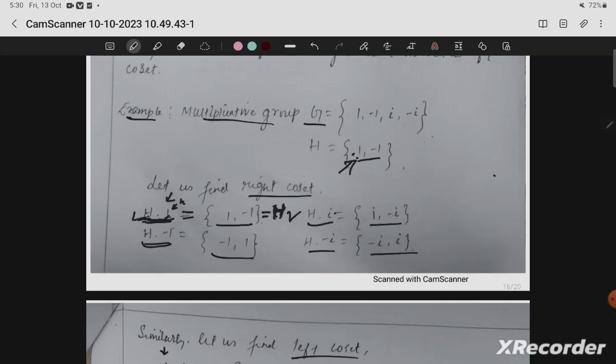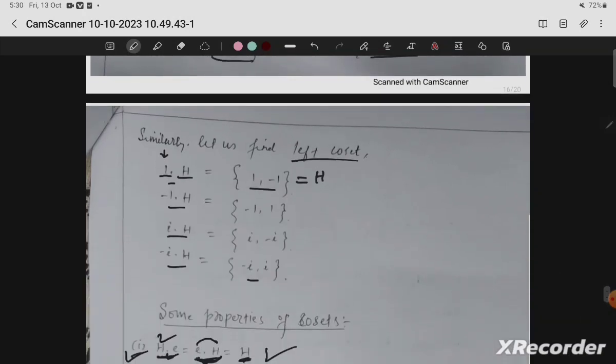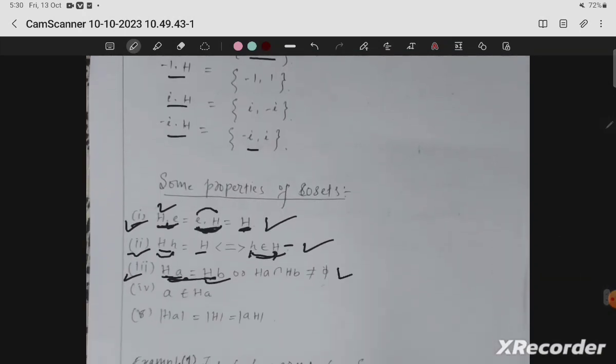This is giving us H, and this is also giving us H. Which means Ha is equal to Hb, or {1, minus 1} is equal. They are equal, so we can see that this is satisfying. So this property is also satisfied.